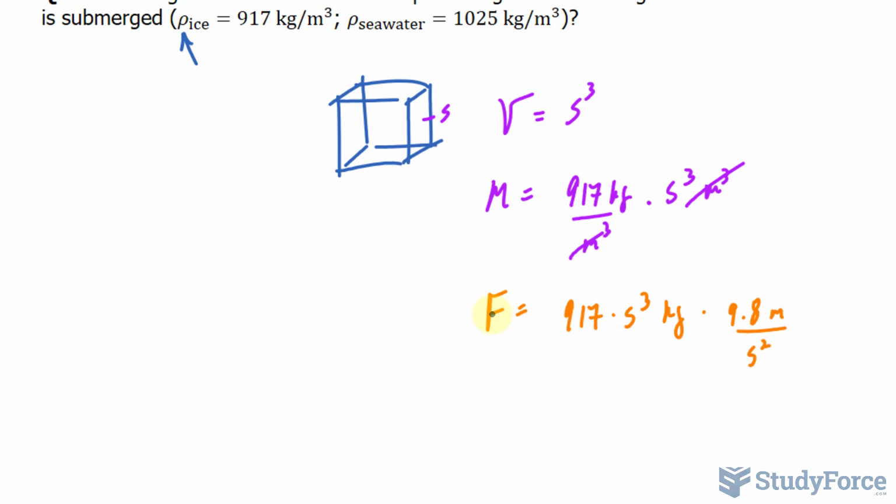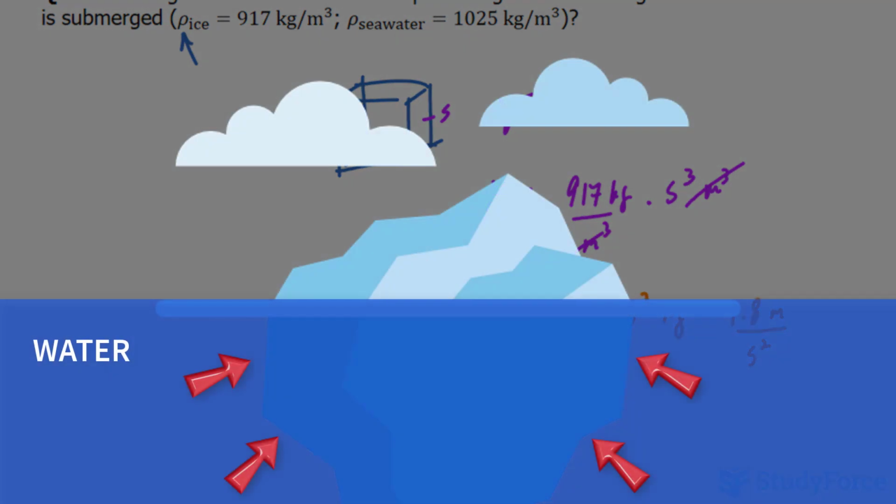Next, what I'll do is come up with an expression for the buoyant force, which is the force that the water exerts on the iceberg to prevent it from sinking completely.